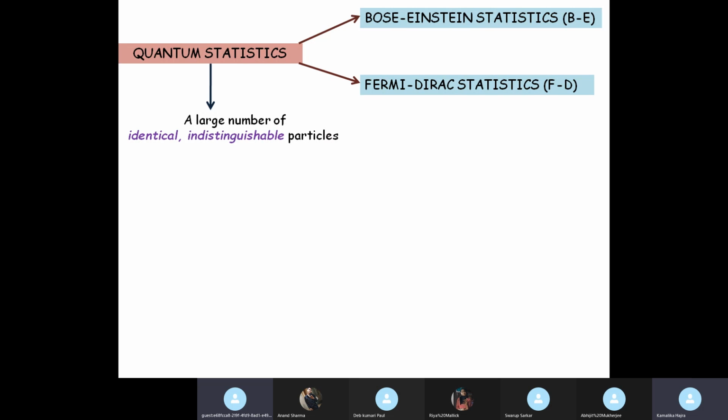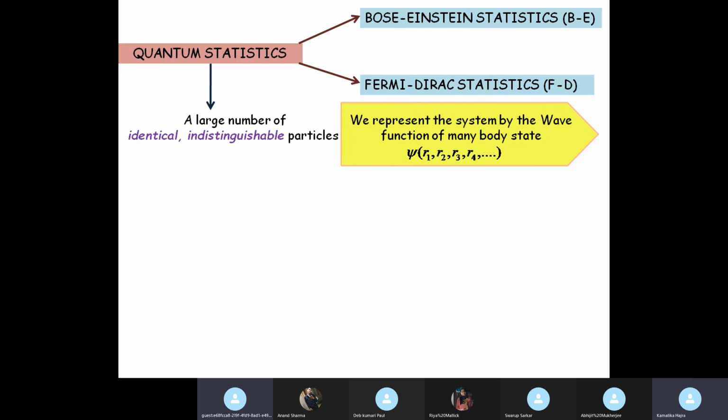So, the first and foremost criterion of applying statistics to a system is that, of course, we always apply StatMech to a system when the number of particles becomes very large, of the order of Avogadro number. In addition to that, in quantum statistics, the particles that are there are all alike, identical and indistinguishable.